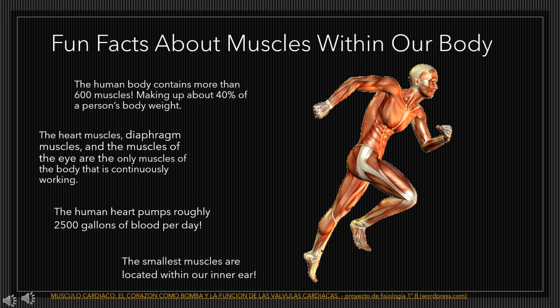The next one is the human body contains more than 600 muscles that together make up more than 40% of a person's body weight. The third fact is the heart pumps roughly 2,500 gallons of blood throughout the entire human body daily. And finally, the smallest muscles are located within our inner ear.